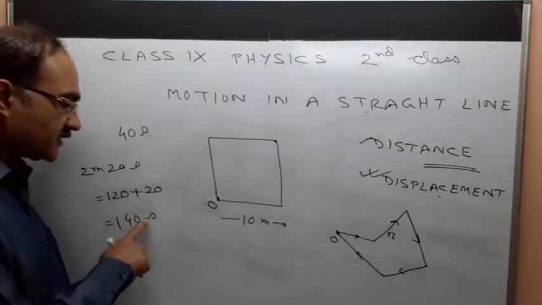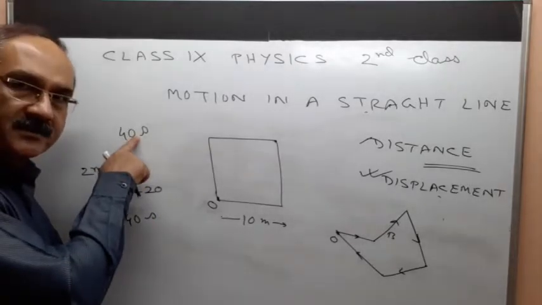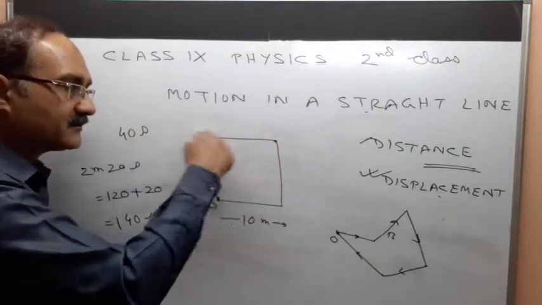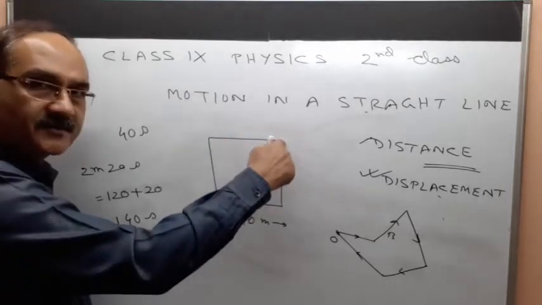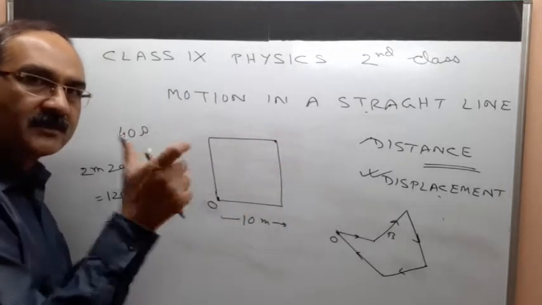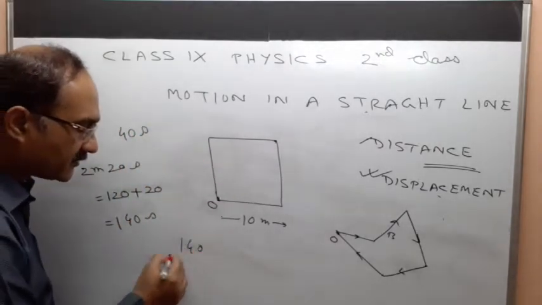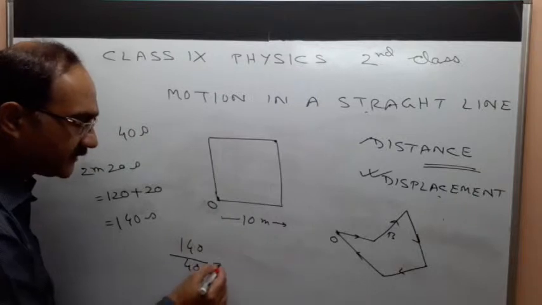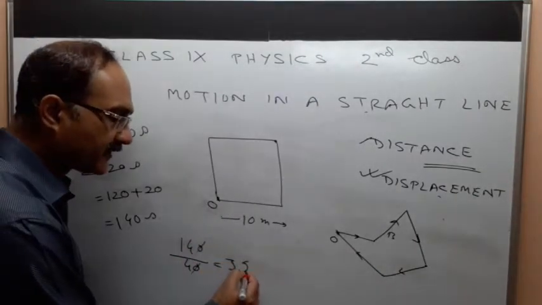Now see, 140 seconds is much more than the 40 seconds. So that means he will move around the field many times before he stops. Okay? So how many times will he move? We can divide 140 by 40. This will be 3.5.